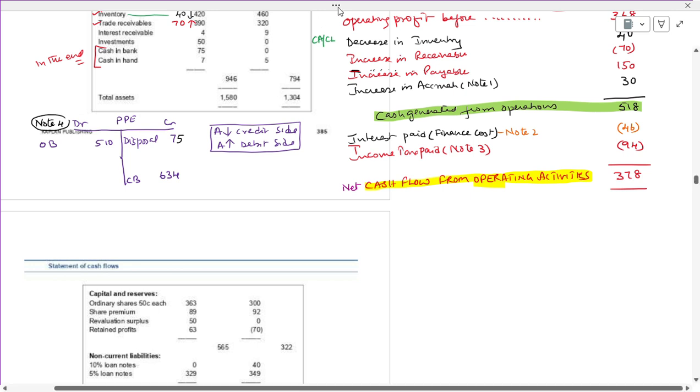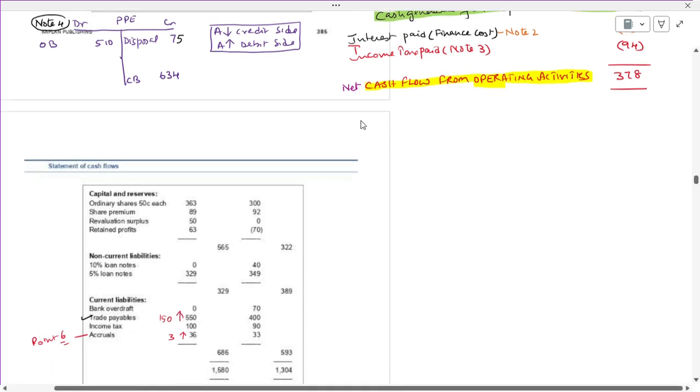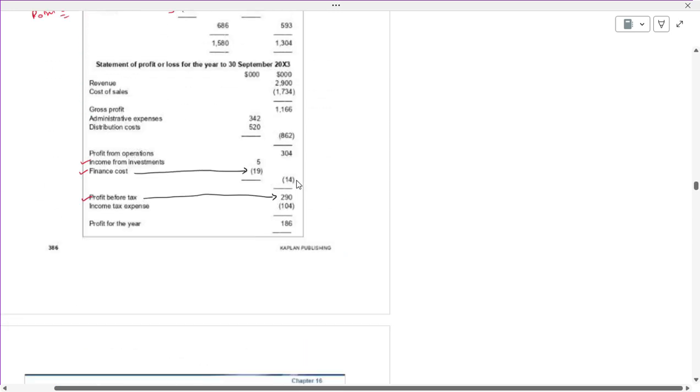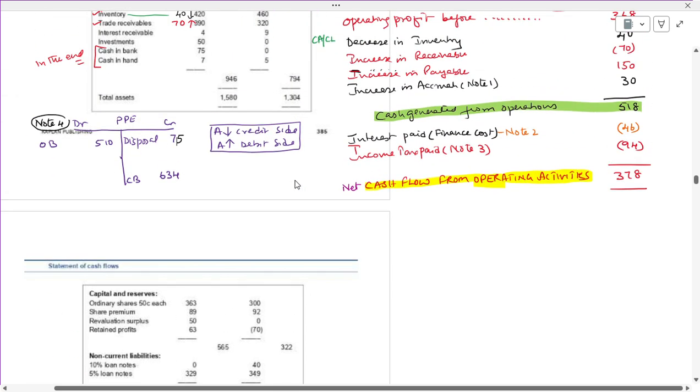Point number 5, 87. By depreciation also, the value of the asset will decrease. Depreciation is 87. Okay, next.